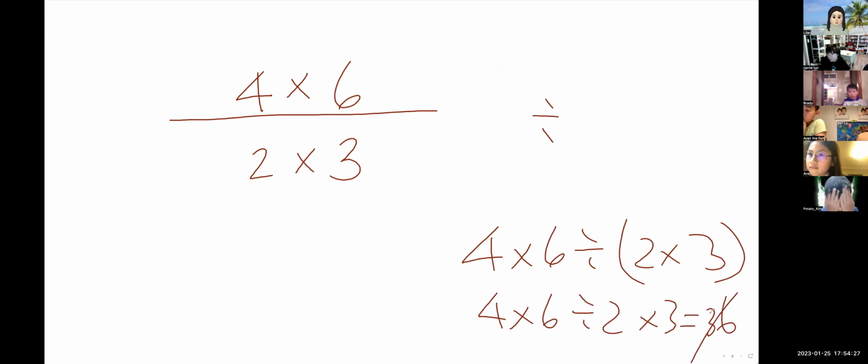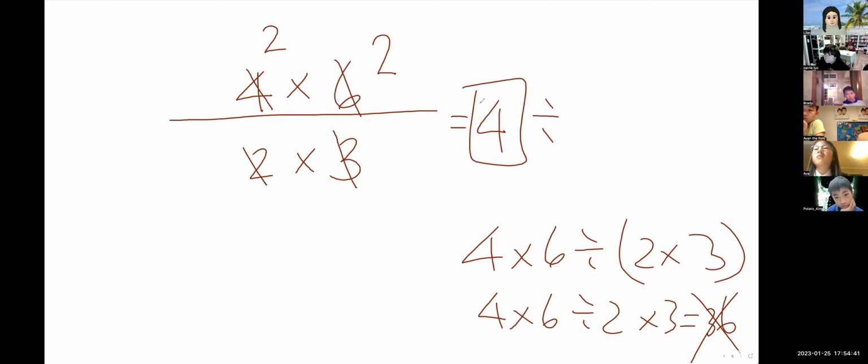It's 36, which is wrong. But it's actually 24 divided by 6. So how do we do it? 4 divided by 2 equals 2. 6 divided by 3 equals 2. So the answer is 4. Get it? Okay, so that is much different. It's way easier and way more straightforward.